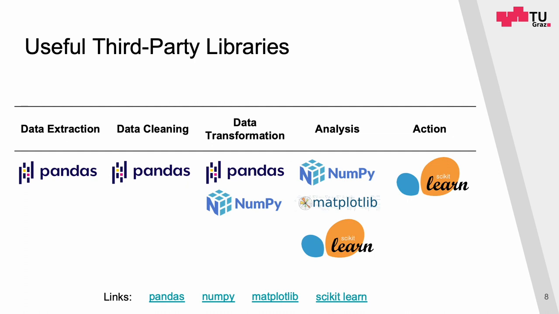And then for plotting, one could use, for example, the matplotlib library. And for the analysis and the action part, one could also use the scikit-learn library, which includes advanced statistical models which are needed for machine learning, for example.